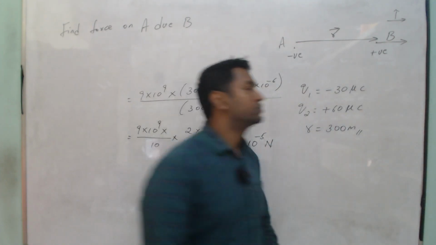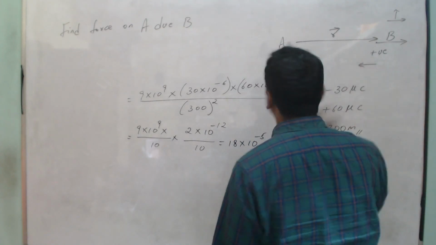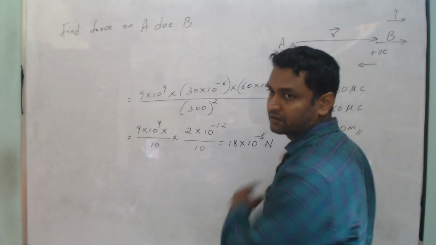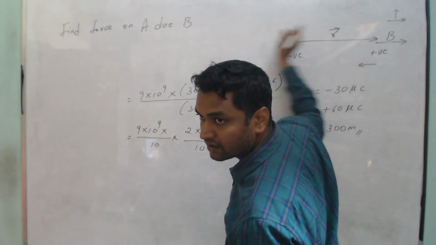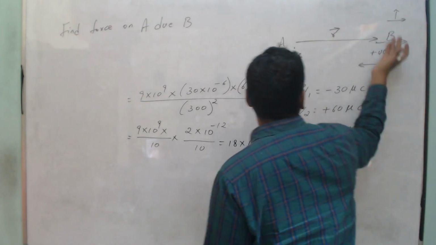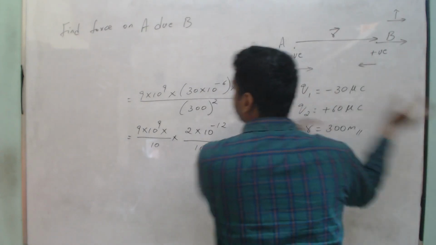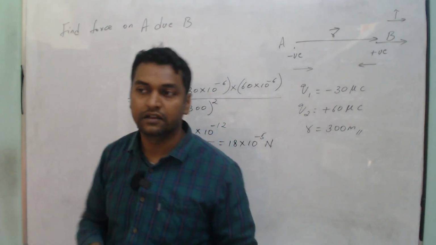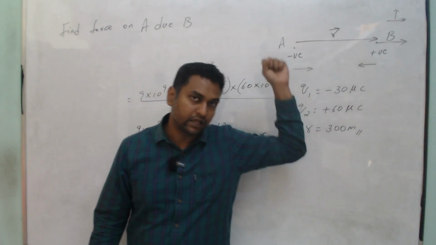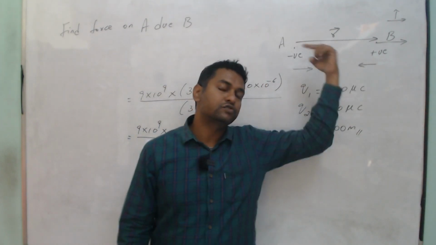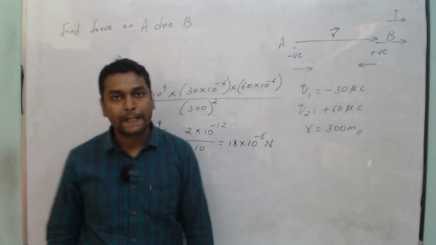So the force on B due to A, pulling, is right to left, whereas the force on A due to B, pulling, is left to right. Clear?